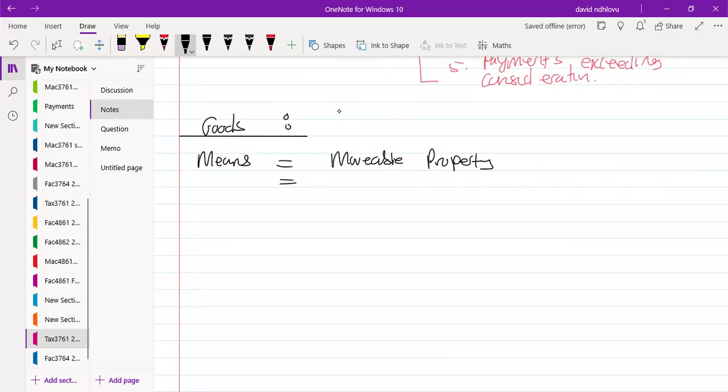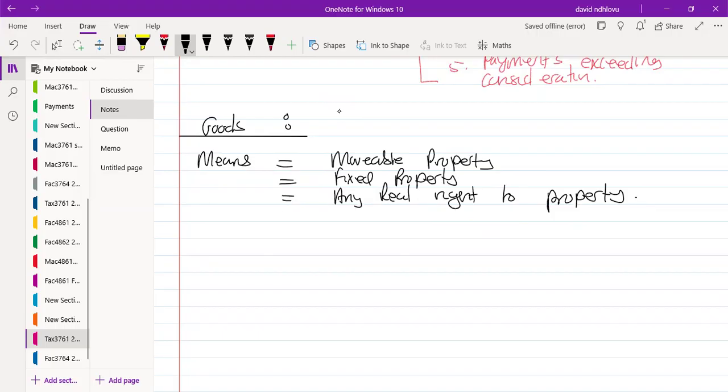It could be immovable property, or what they call fixed property. It could be any real rights to property.